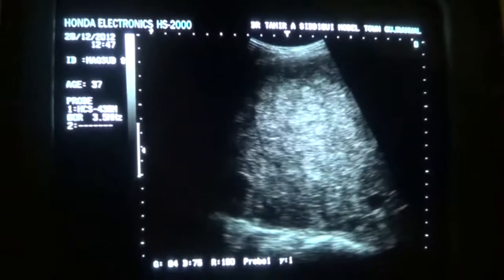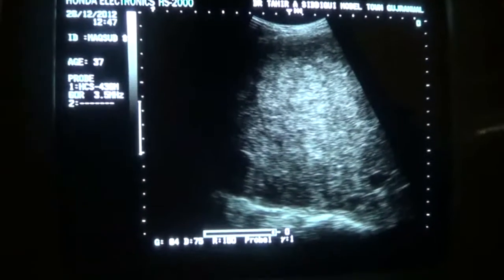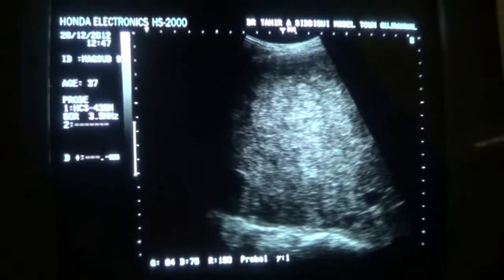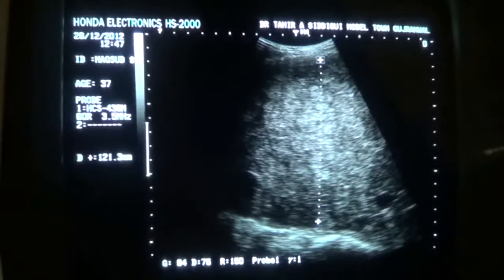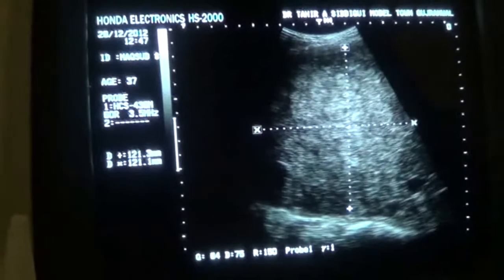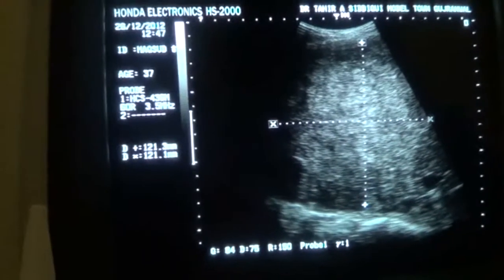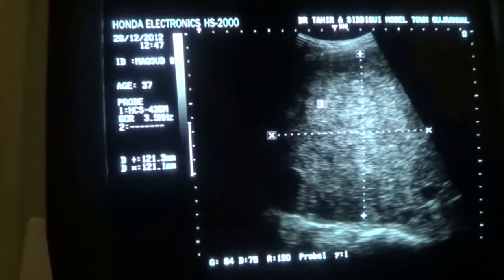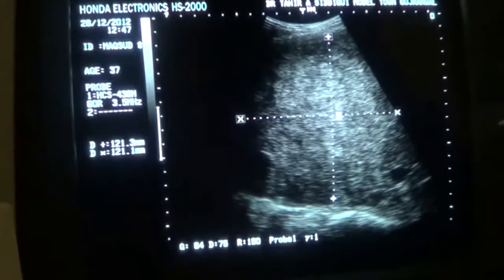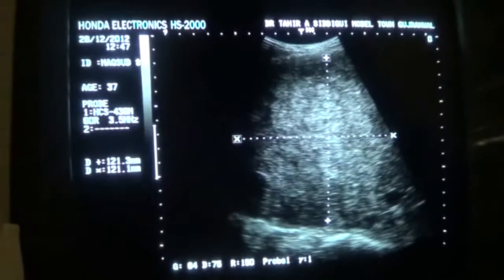It's difficult to measure it in one plane, however, a rough measurement will be almost 12 by 12 centimeters. You can see there are multiple small rounded echogenicities seen within this mass.